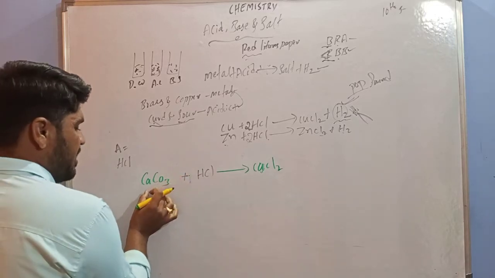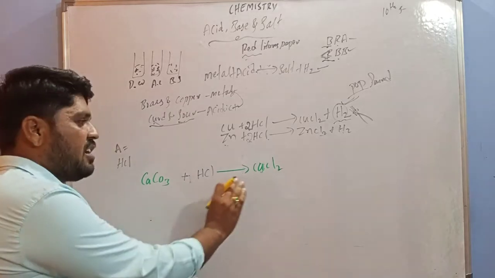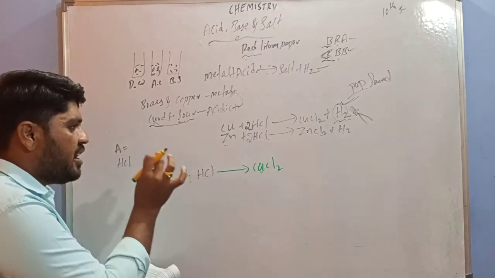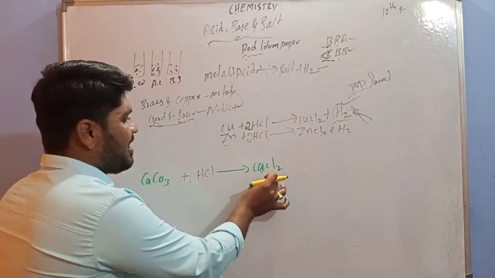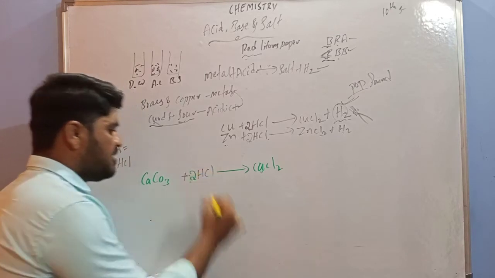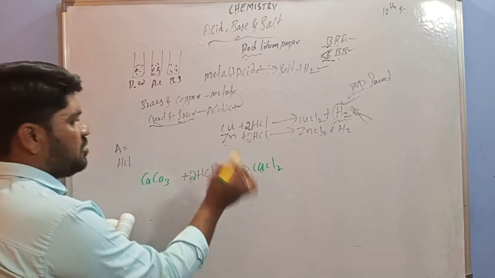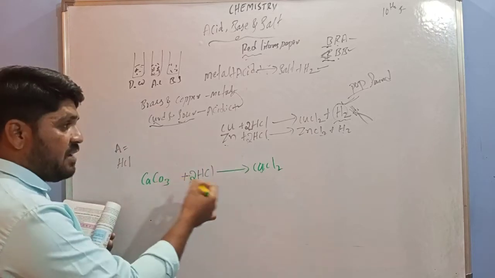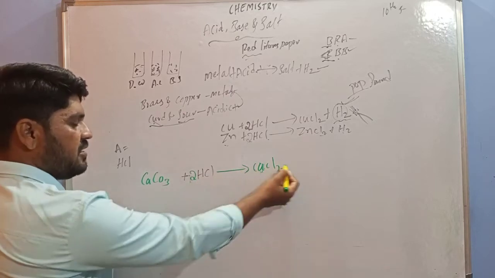Let's see, here one Ca is there, here one Ca is there, so calcium atoms are balanced. Next we have to observe the Cl. Here 2 Cl are there, here only 1 Cl is there, so I am taking 2 as a coefficient. Now 2 Cl, 2 Cl balance. Now the remaining products. Here 2 H are there, but there is no H on the other side.